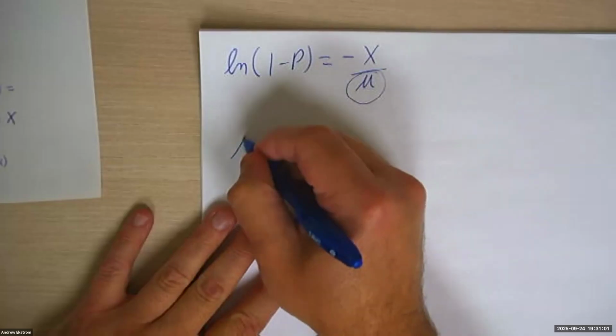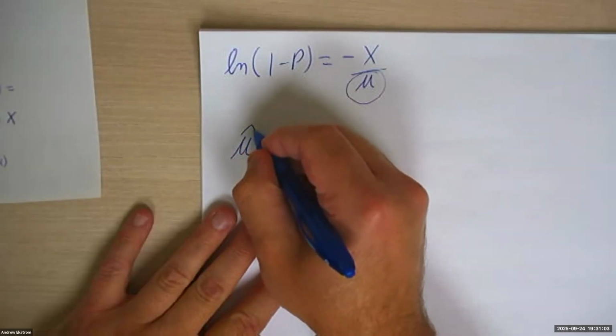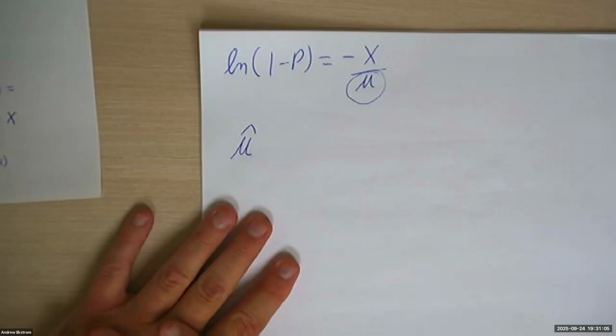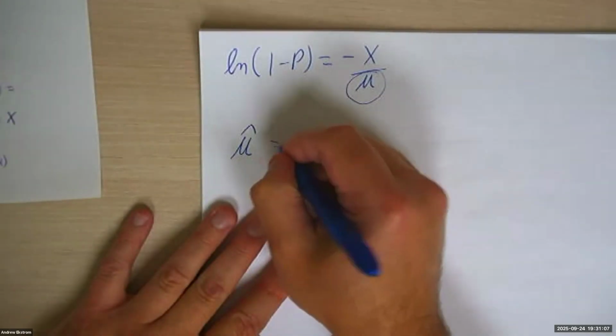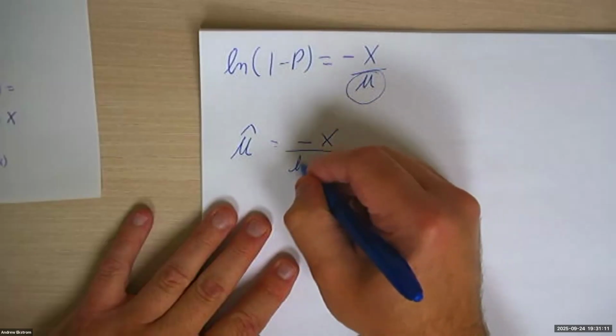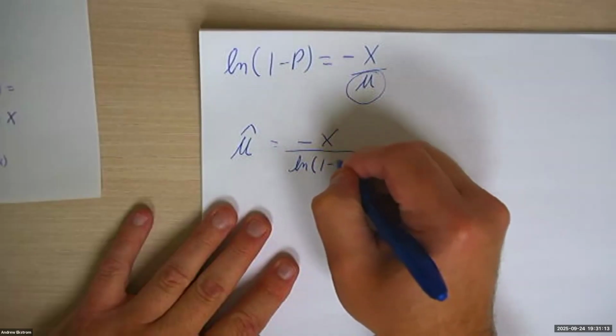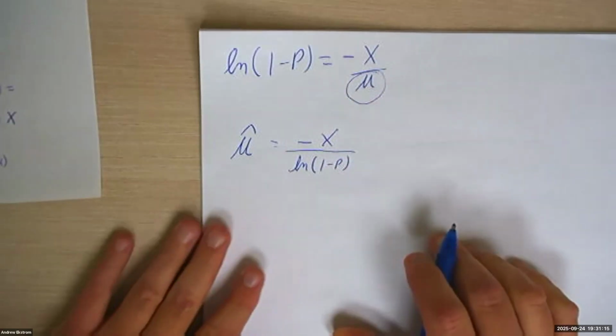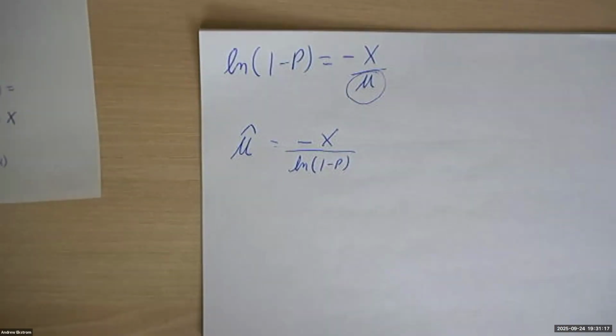I can rewrite this as my estimate for the mean time to failure. It's going to be negative x divided by natural log of 1 minus p. So I can go back and do the back calculation to see about how long these things actually last.